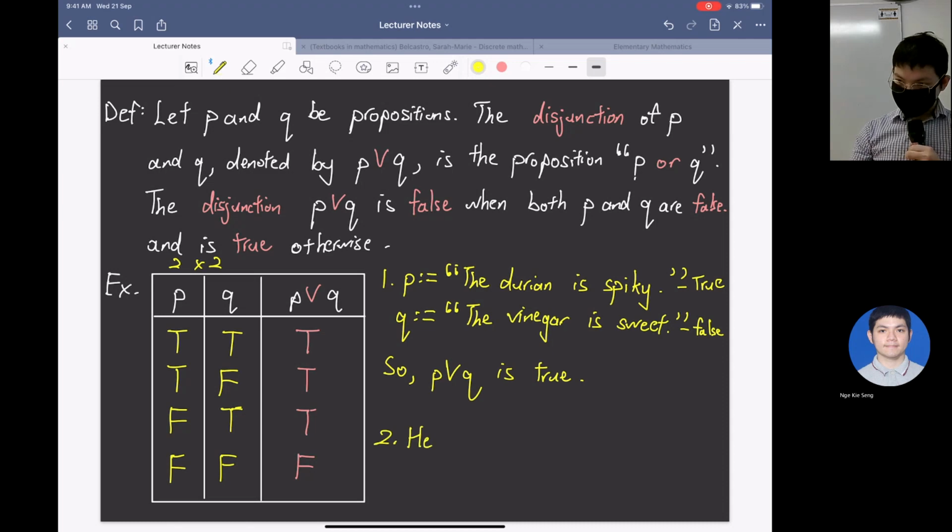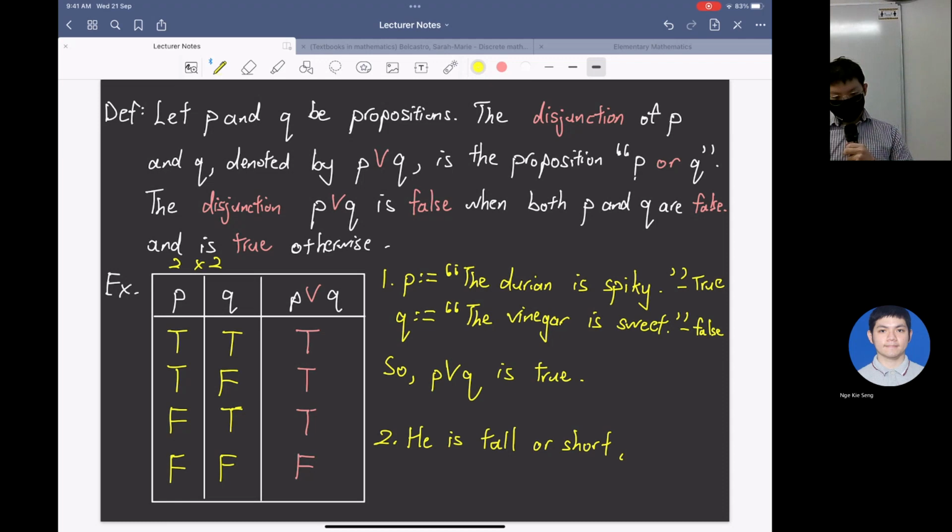P is "tall or short", true or false? False? Why is it not a proposition? It's hard to define. Isn't it that one person is either tall or short? We didn't define tall and short.